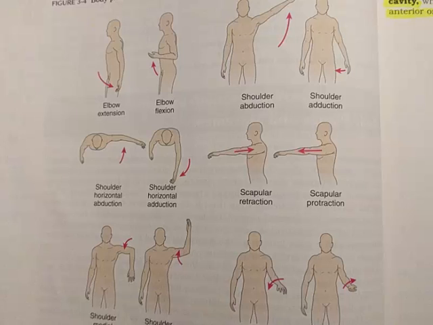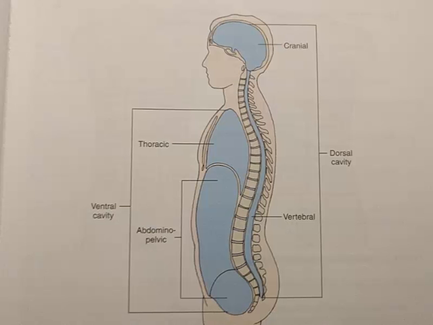The abdominal cavity contains the stomach, pancreas, liver, gallbladder, and large and small intestines. The kidneys lie at the back of the abdomen in an area called the retroperitoneal space, just lateral to the spinal column. The pelvic cavity contains the sigmoid colon, rectum, bladder, and in females, the uterus, fallopian tubes, and ovaries.